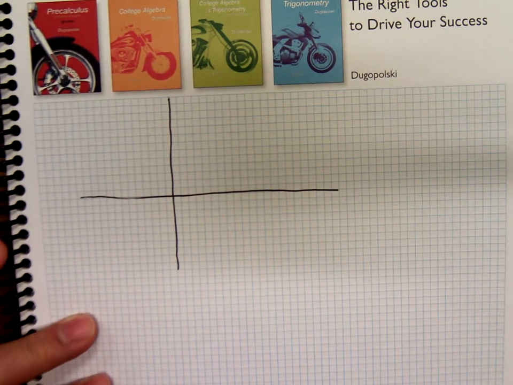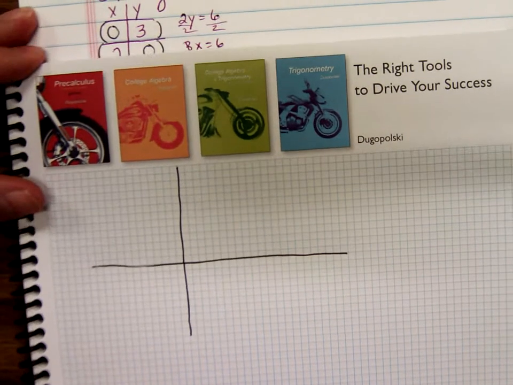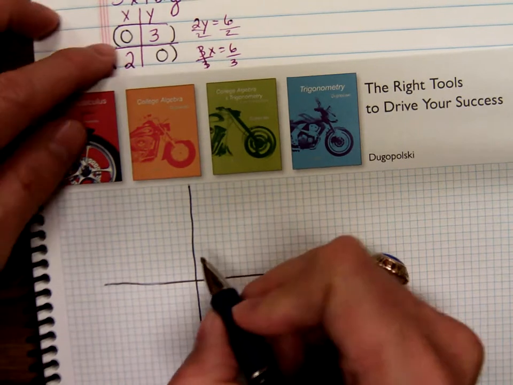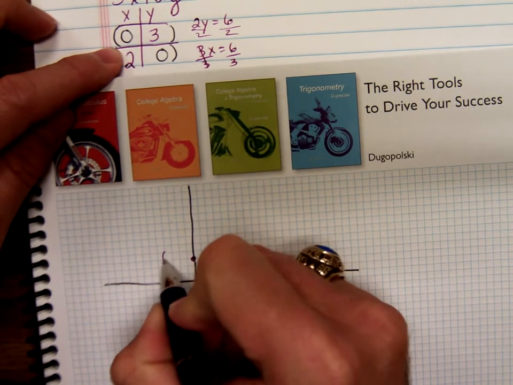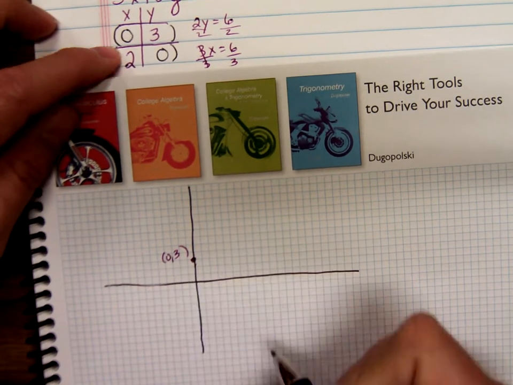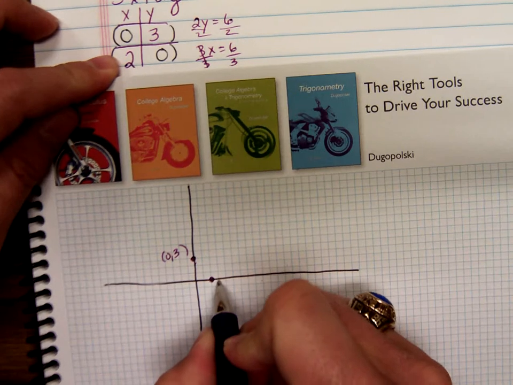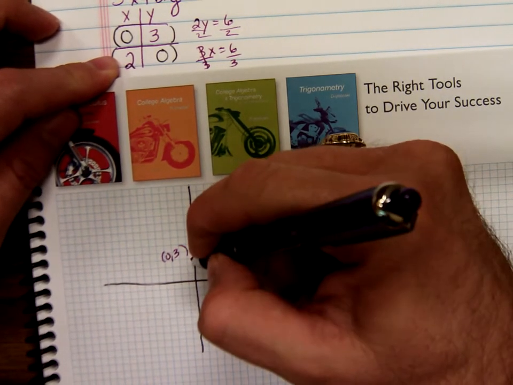The two ordered pairs are over 0 up 3, that's the point (0, 3), and right 2 up 0. Connect the dots.